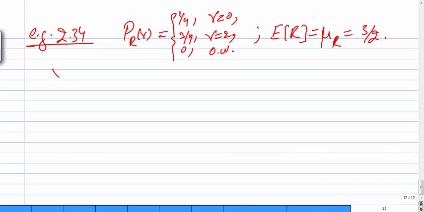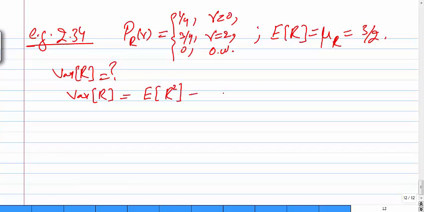Now the question is, what is the variance of R? We know how to calculate the variance. By definition, if we apply theorem 2.13, variance is equal to the expected value of R square minus mu R square.